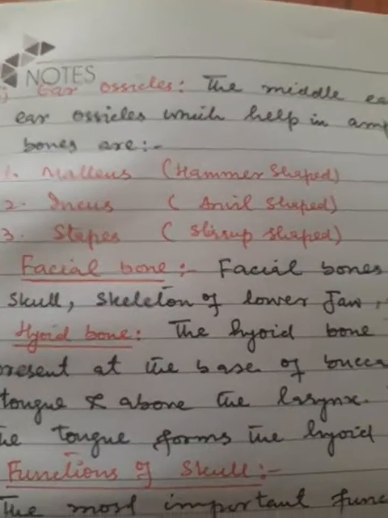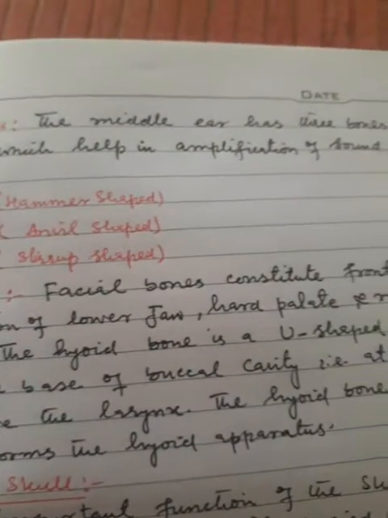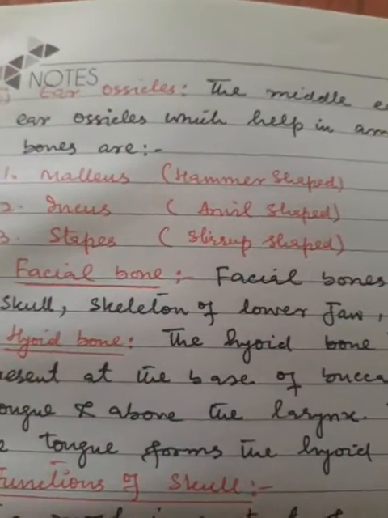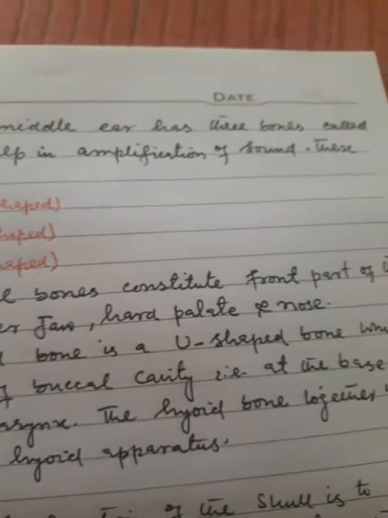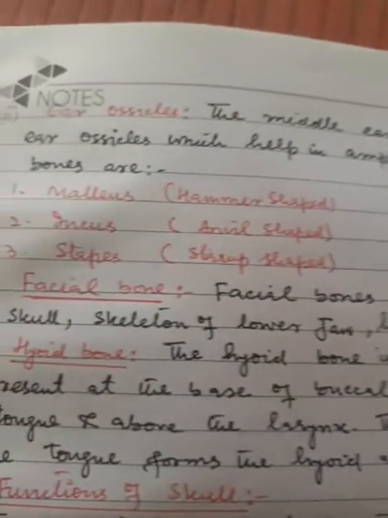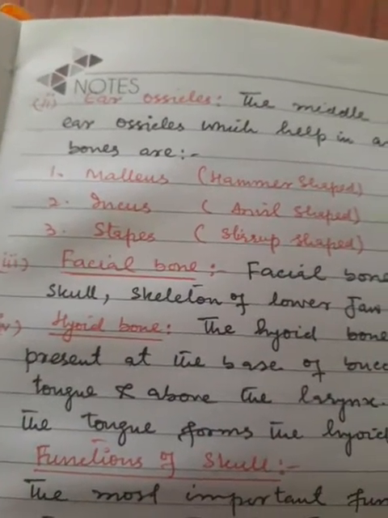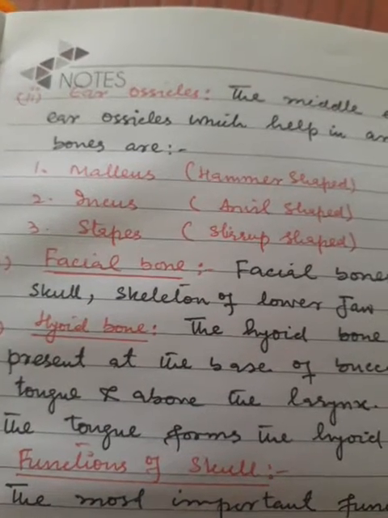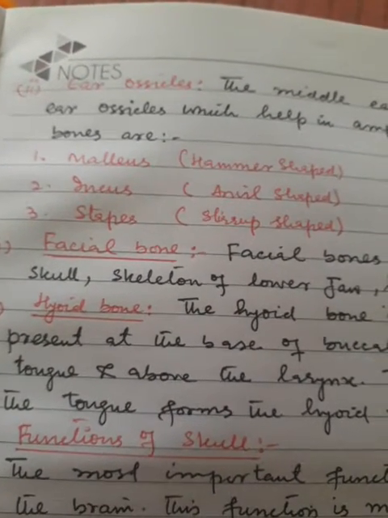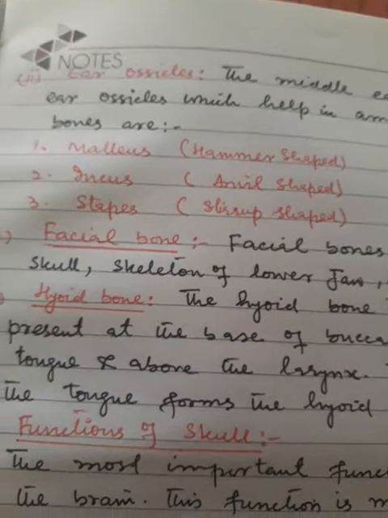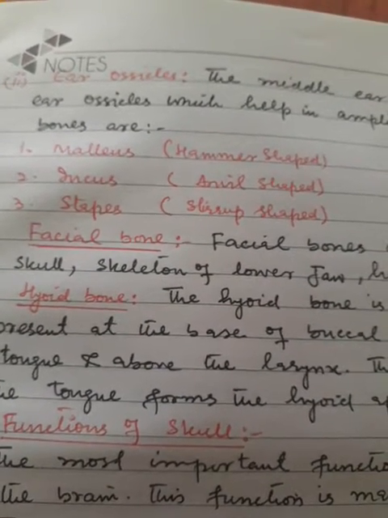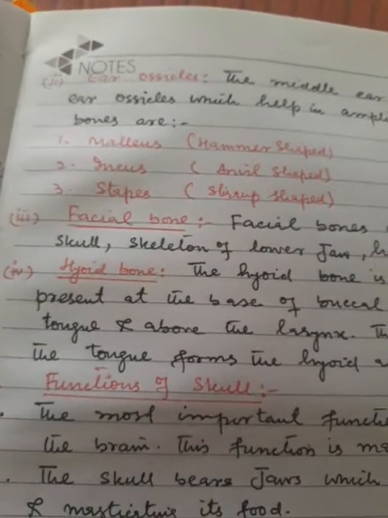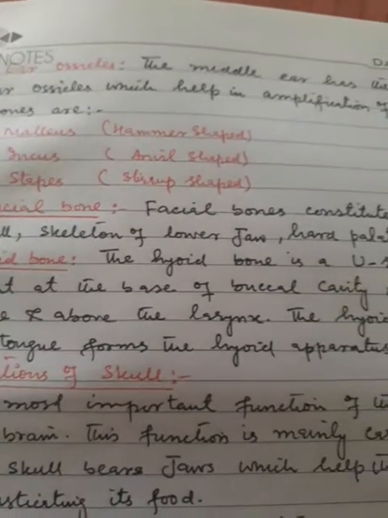Number 2, ear ossicles. The middle ear has 3 bones called ear ossicles which help in amplification of sound. These bones are: number 1, malleus, which is hammer shaped; number 2, incus, anvil shaped; and number 3, stapes, stirrup shaped. Now, number 3, facial bone.